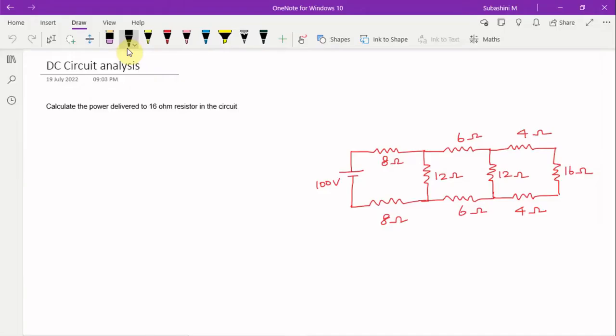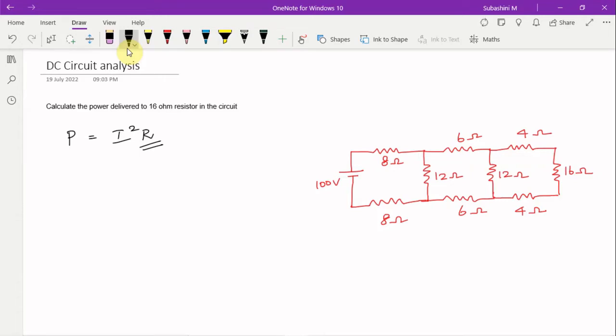So this is the circuit that we are going to solve by series-parallel combination, current divider rule and voltage divider rule. The question asked is the power delivered to the 16 ohm resistor. We know that power is equal to I squared R. I know the resistor value is 16 ohms, so now I want the current flowing through the 16 ohms.